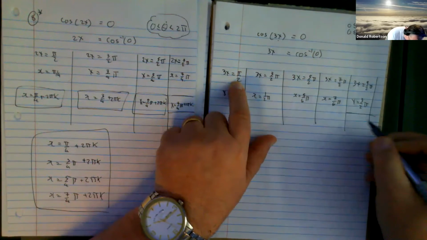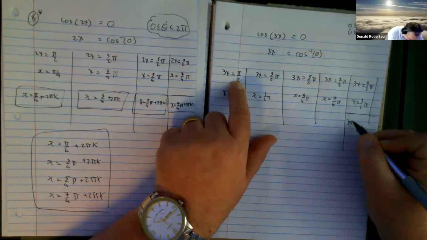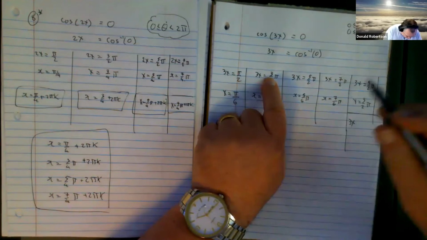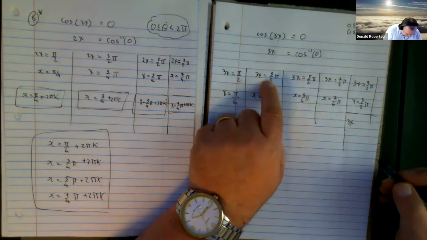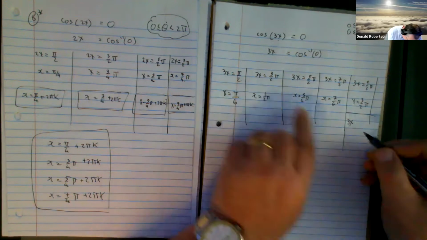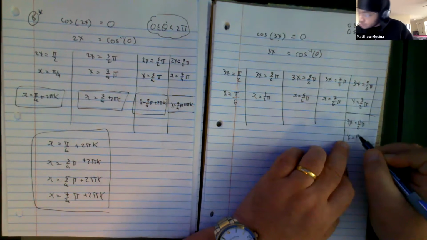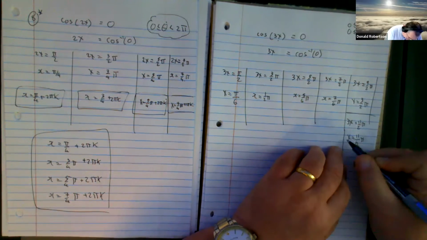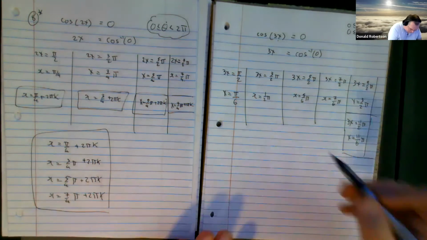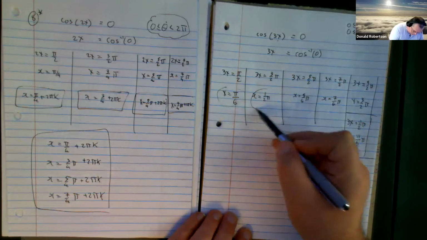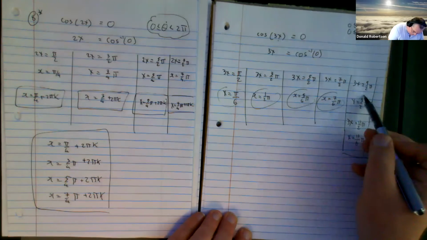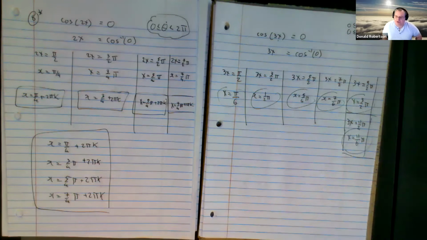And then the one I don't have room for would be down at the bottom. If you took this guy and went around the circle once and then one more, that would be 4 pi worth. You'd get 11 halves pi, and that would get you 11/6 pi. And whoa, there's 1, 2, 3, 4, 5, 6 solutions.